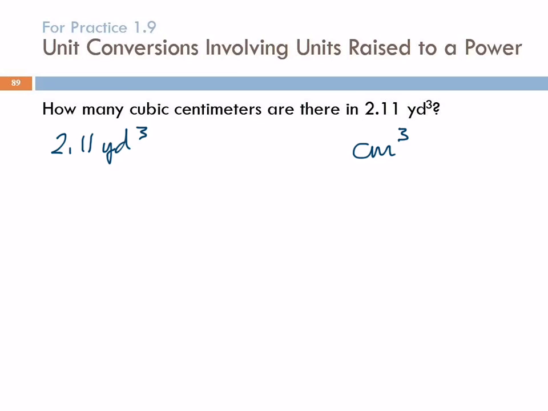Ignore the cube at first. How would we go from yards to centimeters? We could use yard to feet to inches to centimeters. Or let's take a shortcut this time. Let's go from yards to inches to centimeters. How many inches are in a yard? 12 times 3, 36. So we could make that little shortcut.